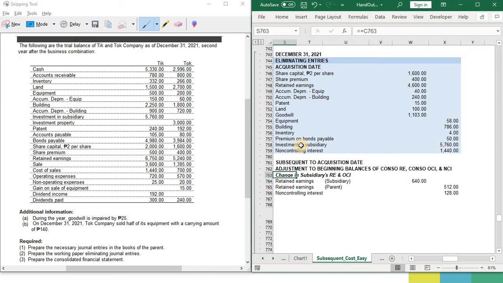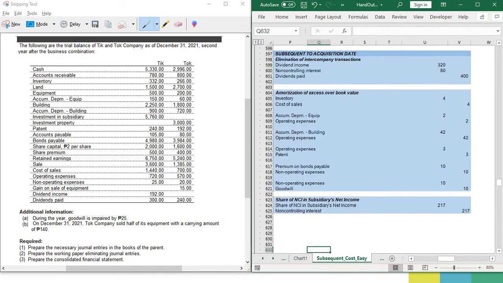So in order for us to establish the beginning balance of the consolidated retained earnings and non-controlling interest, we need to make some adjustments on the 640 increase in book value of the subsidiary. And what are these? These adjustments are the prior year's amortization of excess that we did.